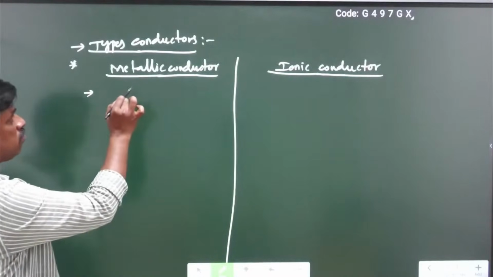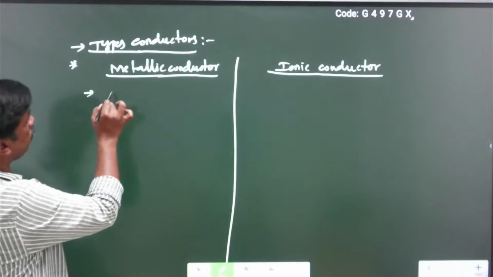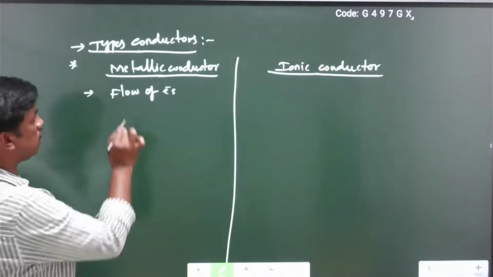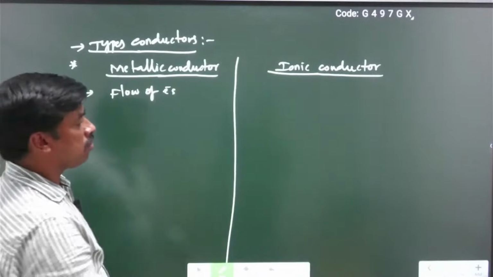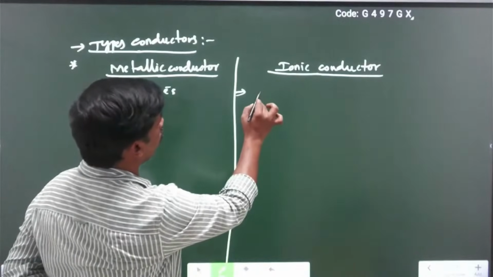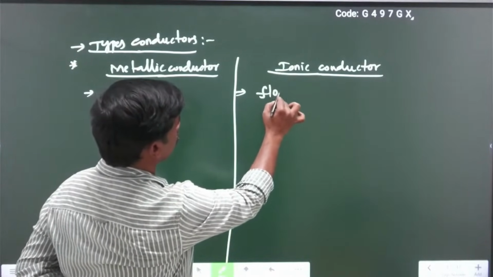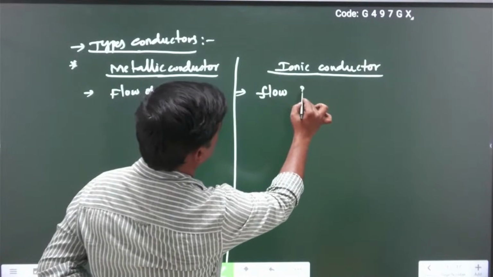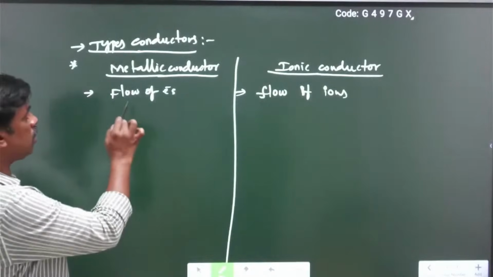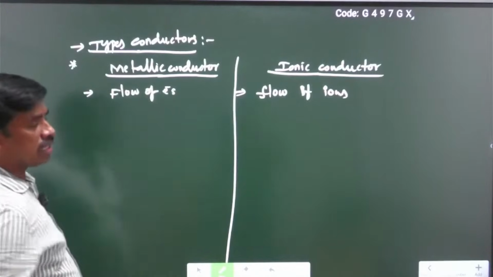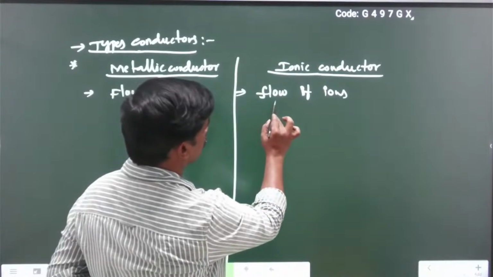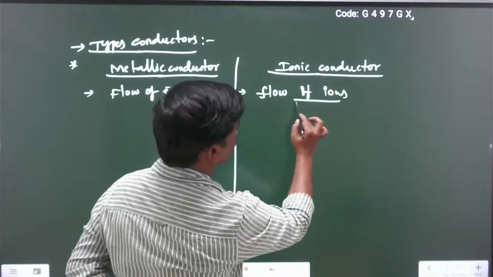An ionic conductor conducts electricity by the flow of ions. These two are conductors, but in metallic conductors, electricity is conducted with the flow of electrons, and in ionic conductors, electricity is conducted with the flow of ions.